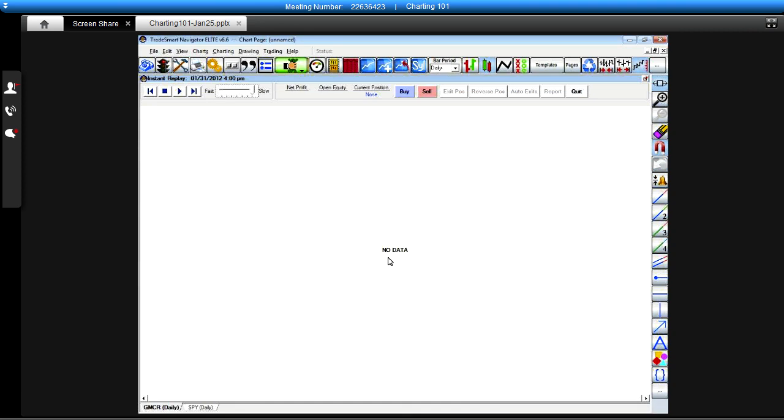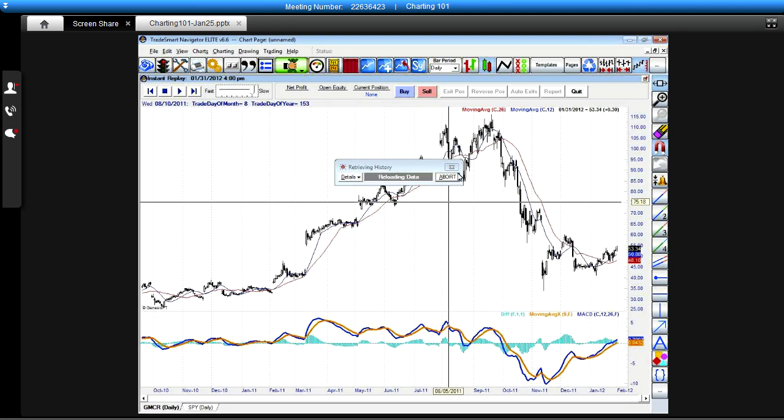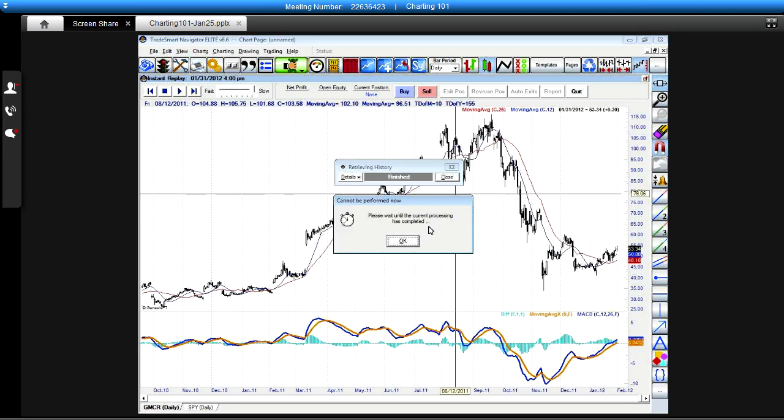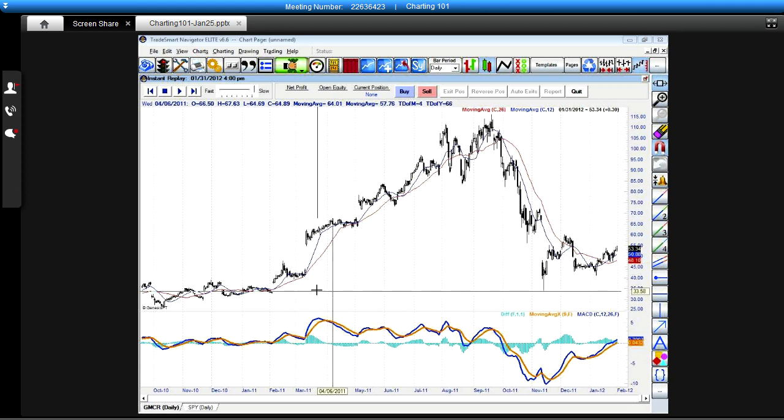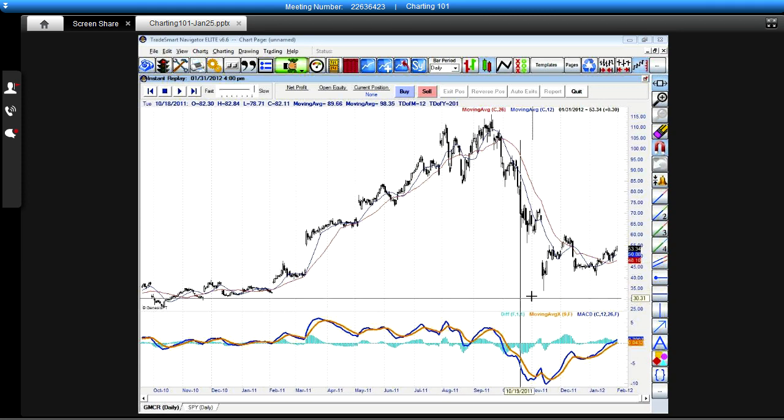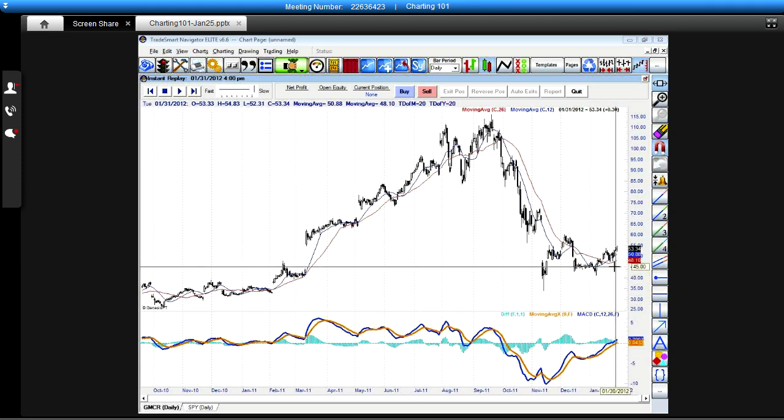It didn't work. Maybe you don't have the data that far back. I probably have to update the data. Okay, so what it did is it went back to this time period of February 12th, and then I can hit play. So this is like a practice tool.